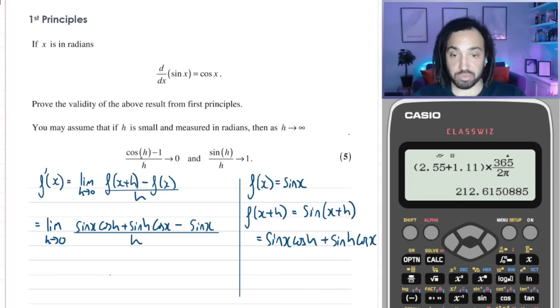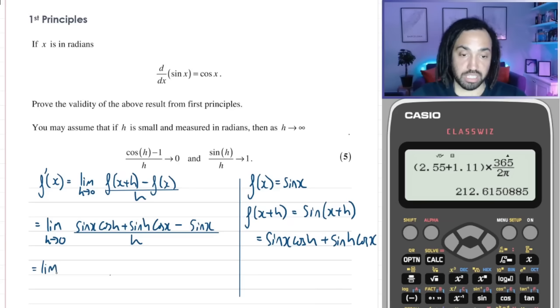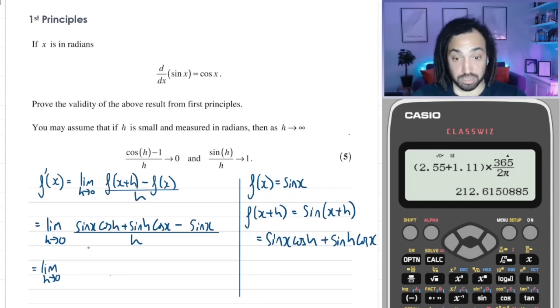Now the idea is we're going to want to factorize this expression to get both of these two factors somehow, because we know what the limits of those are. So let's do a little bit of factorizing here. We can take out a sine x. So how many sine x's do we have?